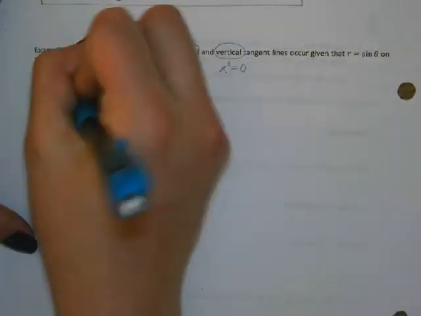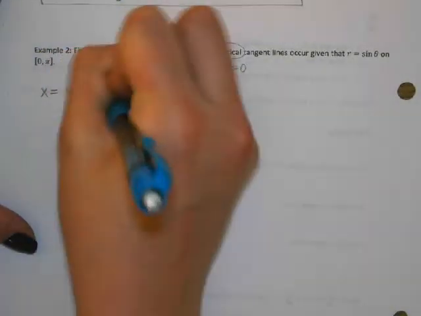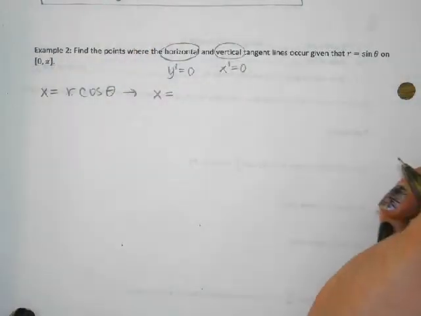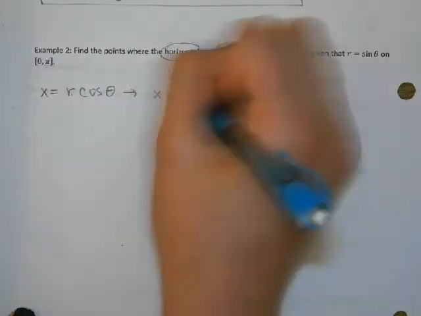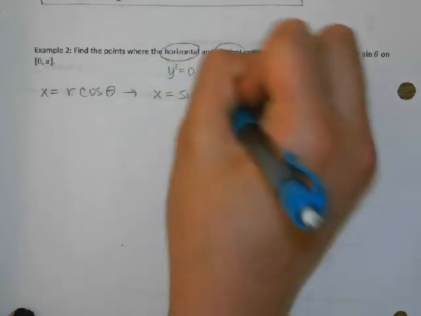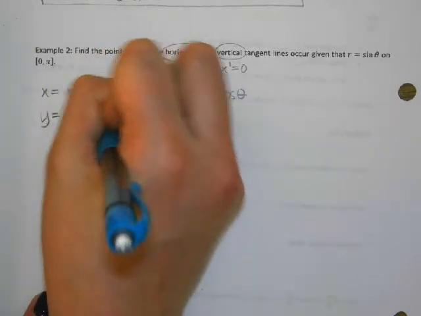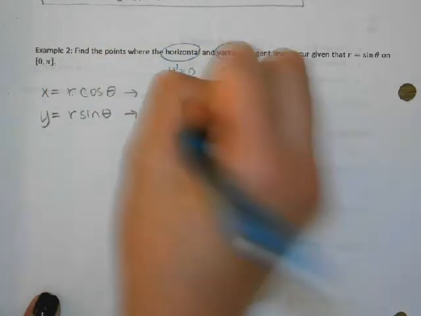So if we look for x, we know that x is r times cos theta. So what is our parametric equation for x this time? Sine theta times cos theta. And then y is r times sine theta. So what is our y parametric equation?